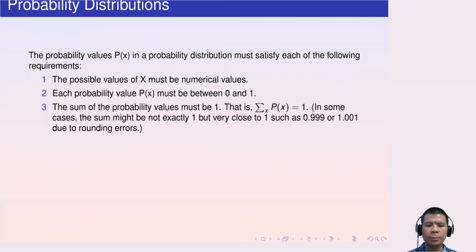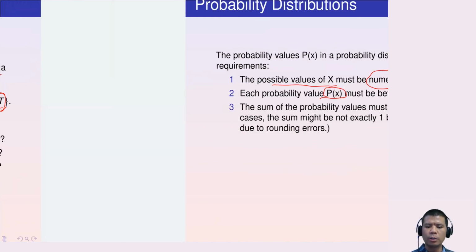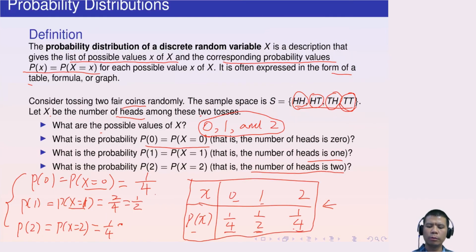Now the probability value P of x has the following properties. Firstly, the possible values of x must be numerical values. Two, the probability values must be between 0 and 1. As you can see, 1 over 4, 1 over 2, 1 over 4, they're all between 0 and 1.